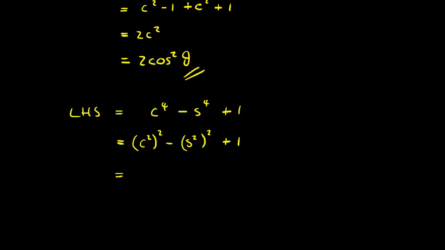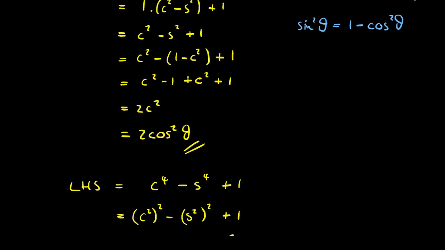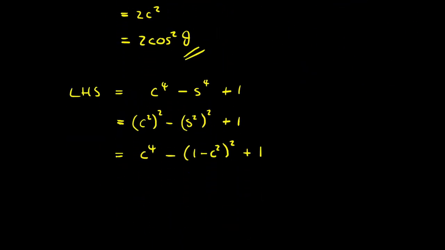And this means that I can replace either the cos squared with 1 minus sine squared, or I could replace the sine squared with 1 minus cos squared. Well, I think what the sensible thing to do is to get rid of the sine squared. So I'm going to write this as cos to the power of 4 minus 1 minus cos squared squared. Okay, again, using the identity that sine squared plus cos squared is 1.